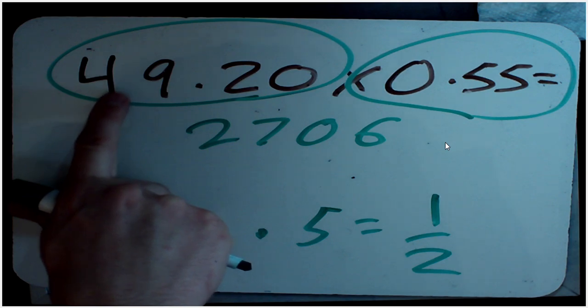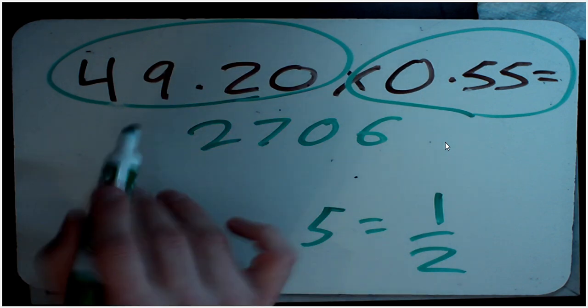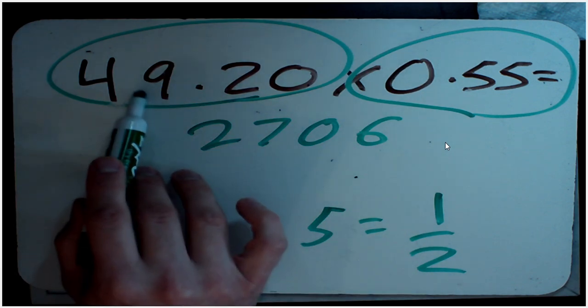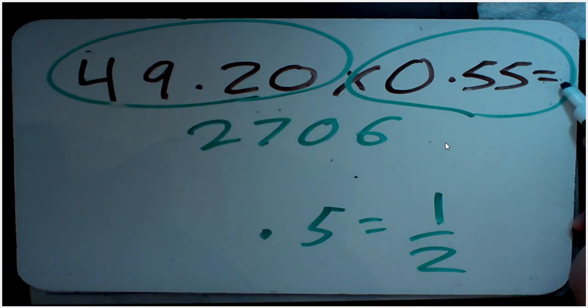I know in multiplication we are so used to our numbers growing, but finding products of decimals less than 1 will actually decrease the size of your final product. And since we know that 0.5 is about 1/2, the final product is going to be about half of 49.2.